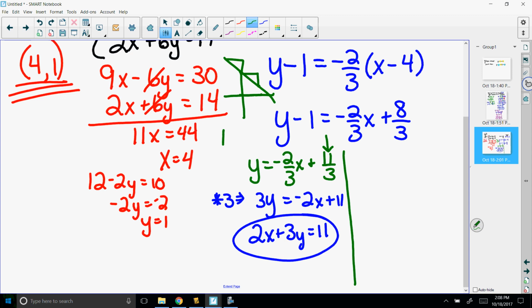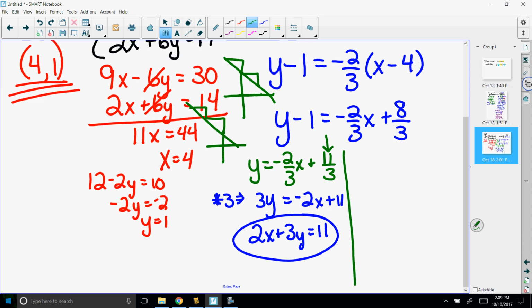This one is saying that my y-intercept is 11/3, so I'm going to find out where 11/3 is, and then go up 2 over 3, up 2 over 3, and then you can get your line. They're still doing a point and counting rise over run.